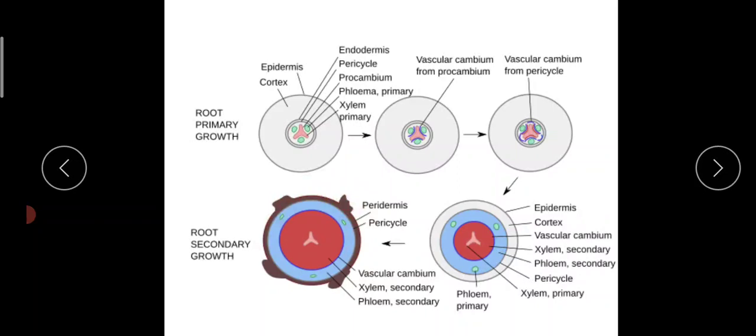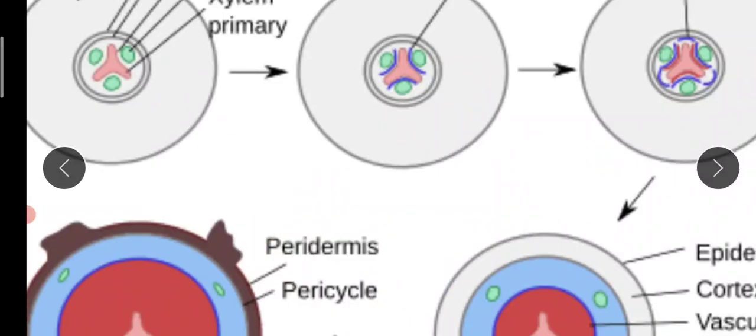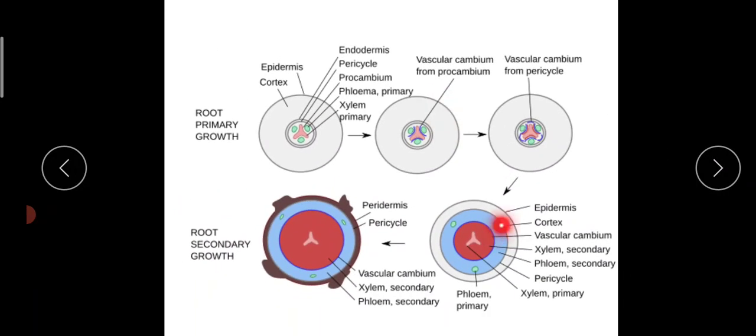And now after becoming circular, the cambial ring attains uniform activity. All parts of the cambium have uniform activity, and all the cambial cells cut off secondary xylem to the inner side and secondary phloem to the outer side in a uniform manner.